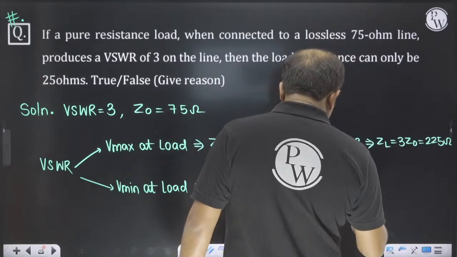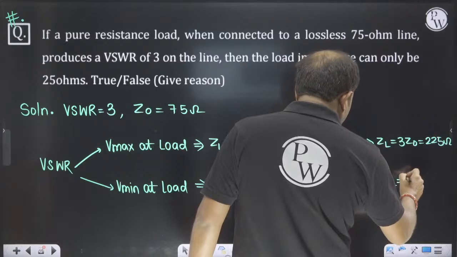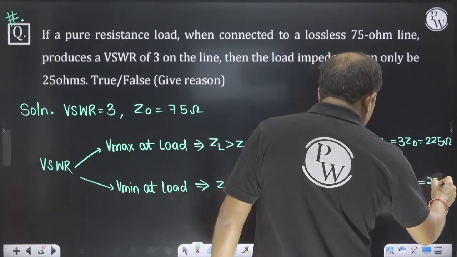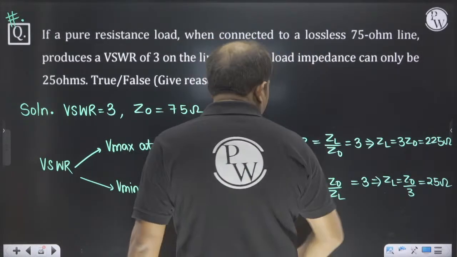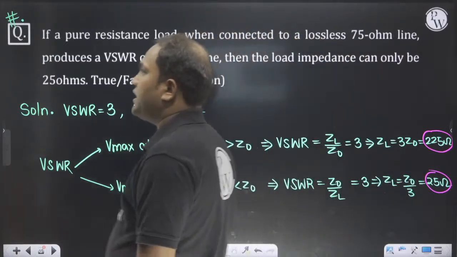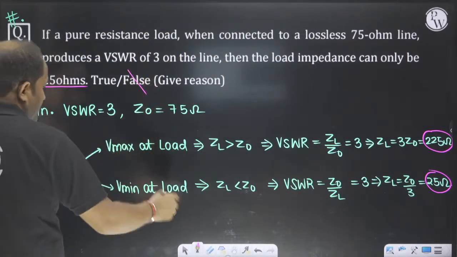For the other case, ZL is Z0 by 3, which is 25 ohm. So there are two possibilities, 225 ohm or 25 ohm, but they are saying only 25 ohm. So it is a false statement.